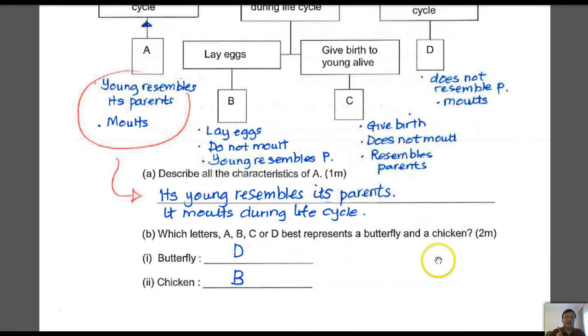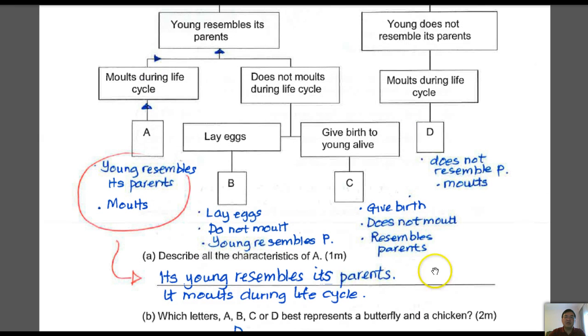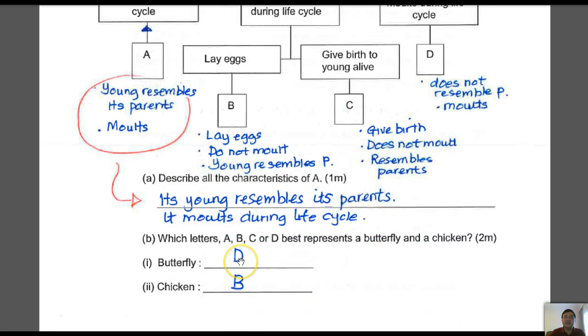So obviously for butterfly and chicken, it's quite easy. One of them resembles parents, the chicken will land over here. It can be either A, B, or C. For the butterfly, obviously over here. So straight away butterfly is D. It does not resemble the parents.